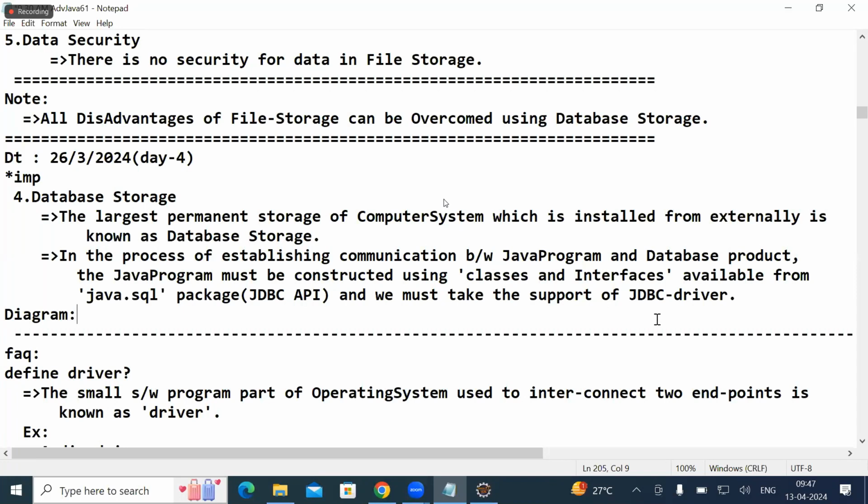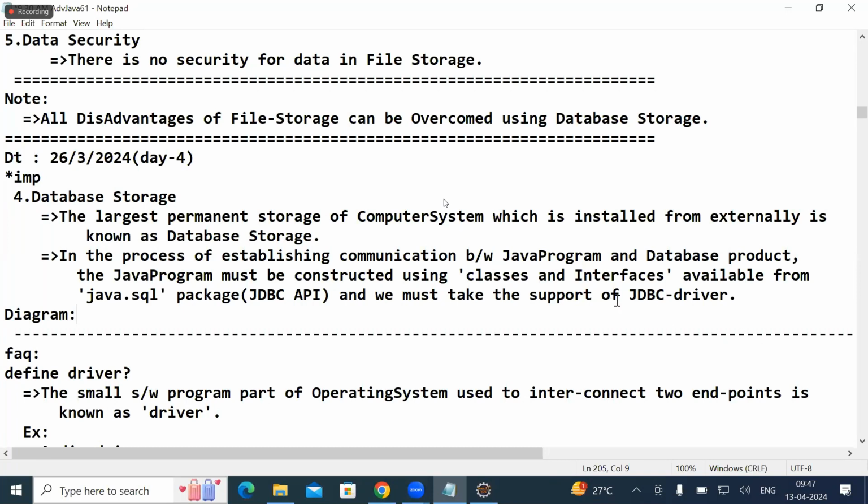Whenever you link that jar file to your project, drivers are available. Among that jar file, many dot class files will be there, and among them, drivers are available. Whenever you want to load a driver, we use the Class.forName method to load the driver to your current running location. These are the details about driver loading.